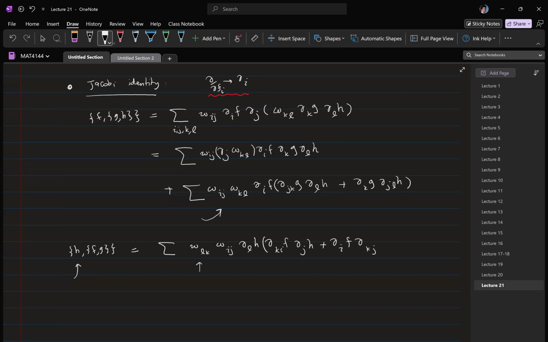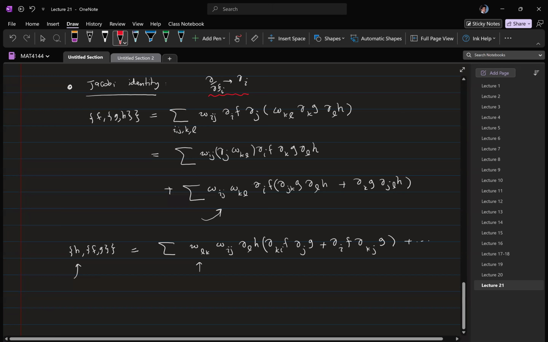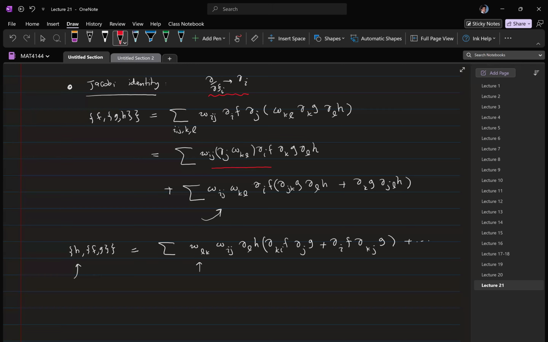Or this is actually G. Sorry, this is not an H. This is a G because the second one is like F and G. Okay, plus a third term that corresponds to the first summation, which is this one. Okay, the one that takes the derivative of the W guy. I'll deal with that term later, but these two terms are analogous to the two terms above.